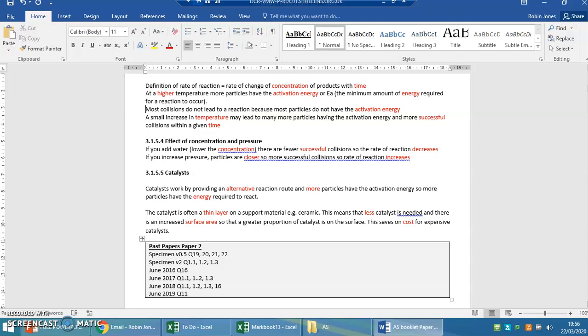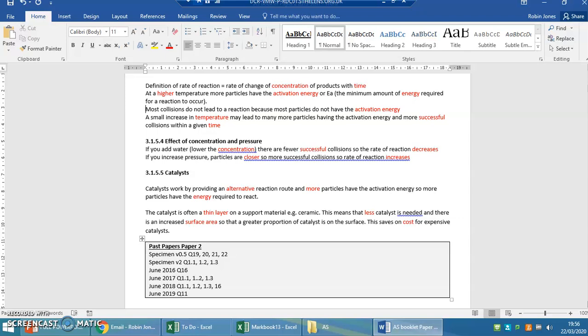That's because the water particles get in the way of the other particles colliding and the reaction rate decreases. If you increase the pressure, the particles are closer together. So if you increase the pressure of a gas and push the particles closer together, there are more successful collisions, so the rate increases. But remember, temperature has the greatest effect because that affects activation energy.